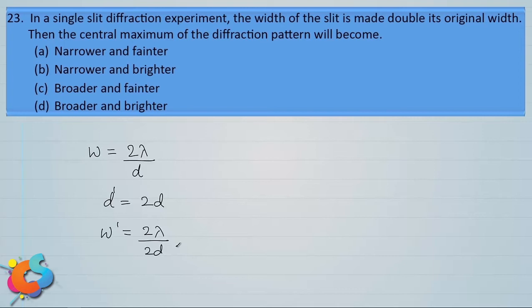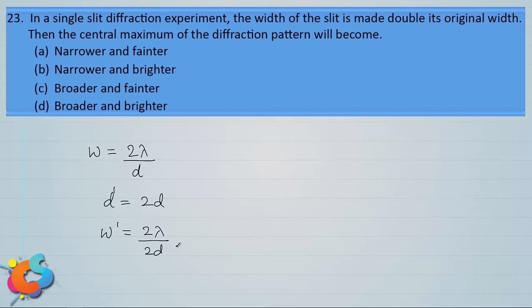It becomes narrower. But now the question is, does it become brighter or fainter? That depends on the intensity of the central maximum. You know that intensity at any point on the screen depends on the amplitude of the incident light. Here, when you increase the slit width, the amplitude of the incident light increases.